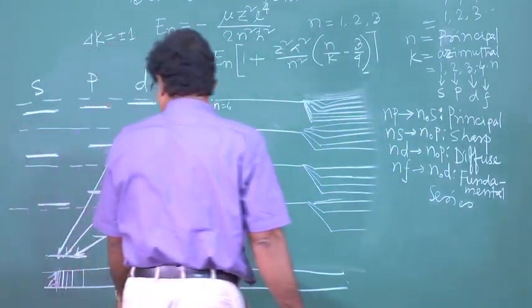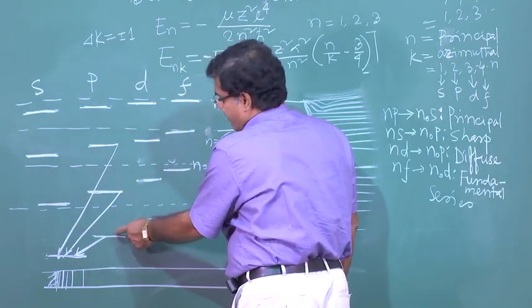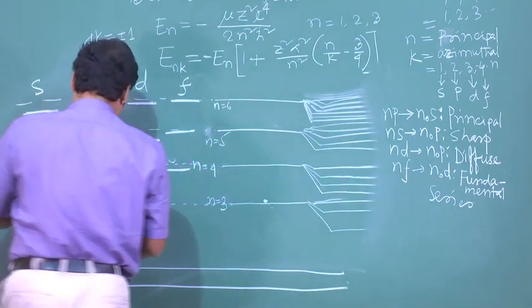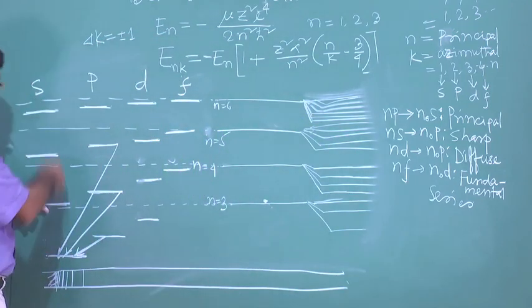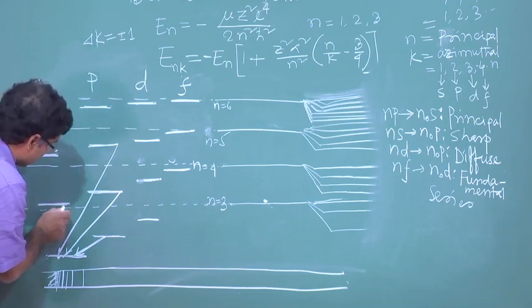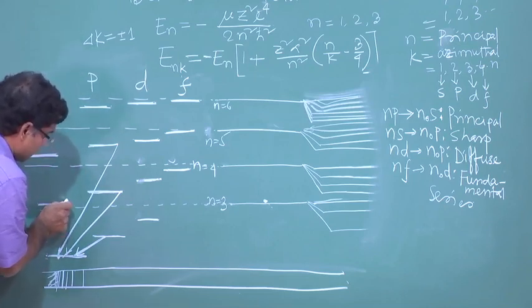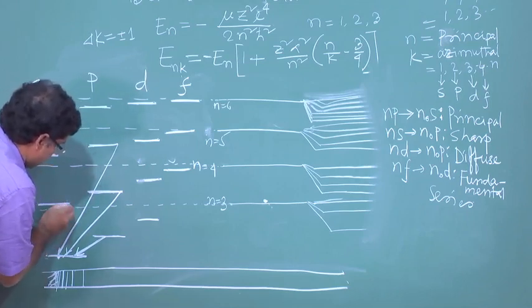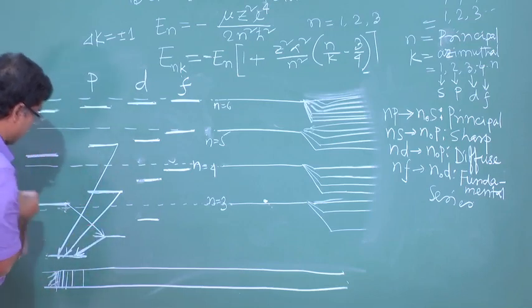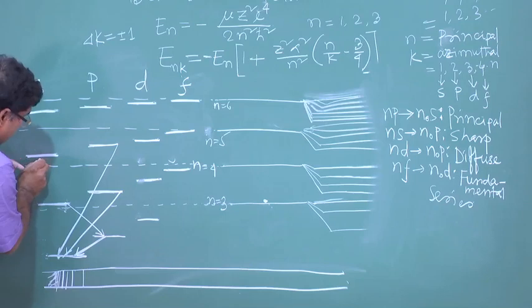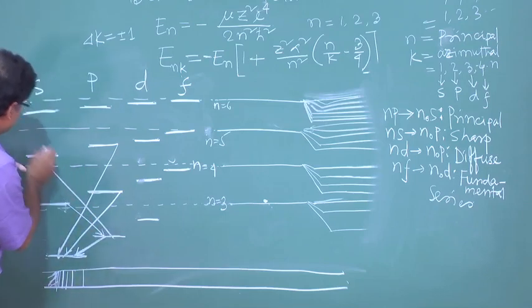So, this is the lowest P level. Now from S, the higher S levels, it will jump. These are the S lines. From these S lines it will go down to the lowest P. So, this will be one transition, this will be another transition, this will be another transition.